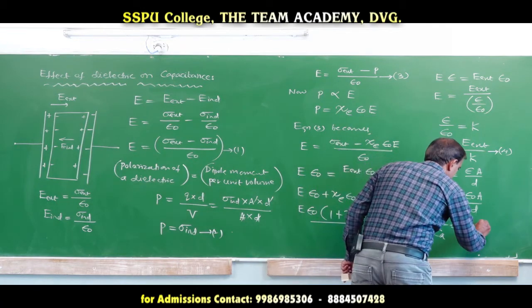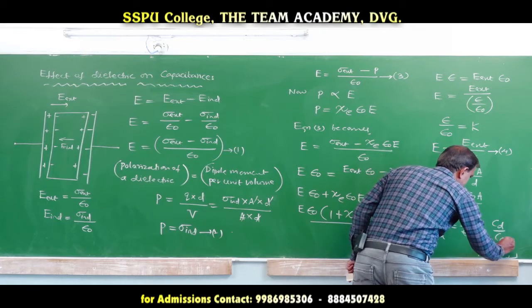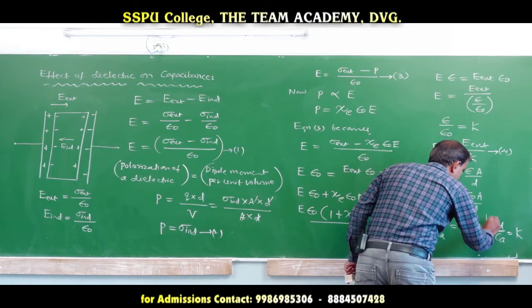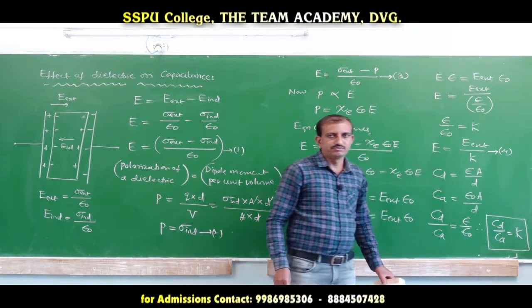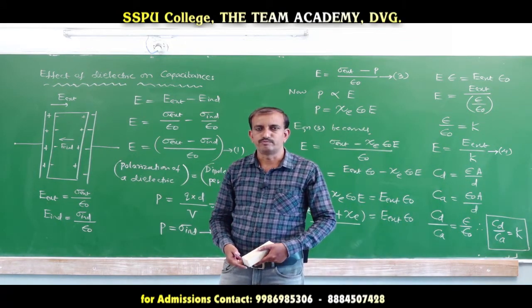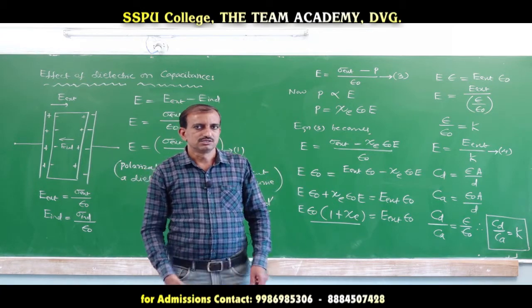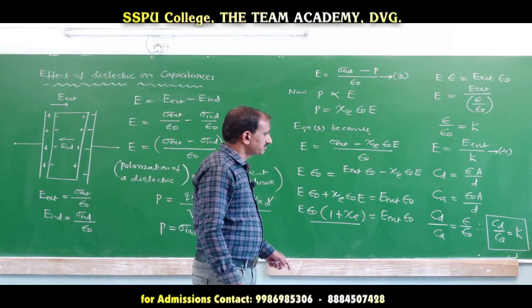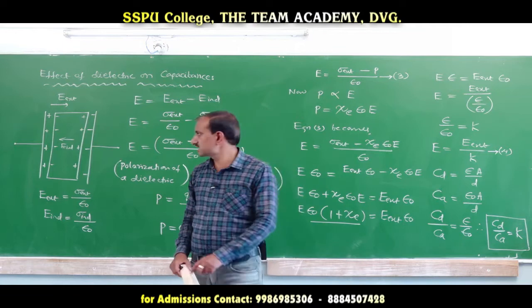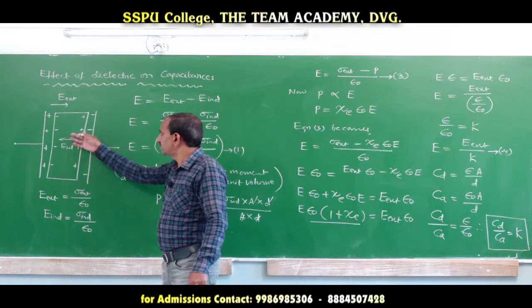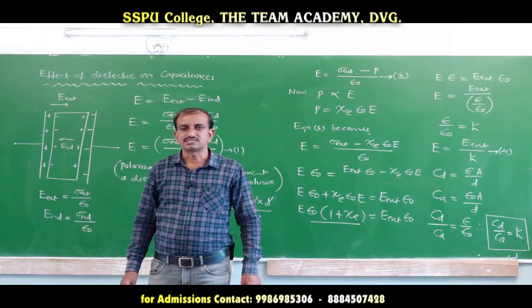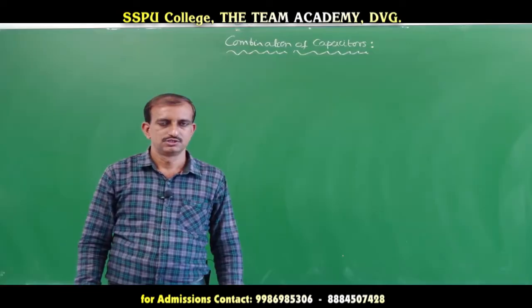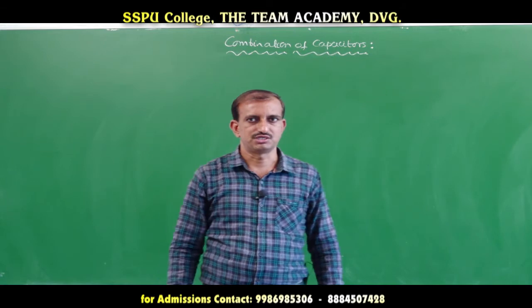Therefore, C_D by C_A is equal to K. So the dielectric constant between the plates of the capacitor increases the capacitance of the capacitor. Therefore, by inserting the dielectric medium between the plates of the capacitor, we can increase the capacitance of a capacitor.